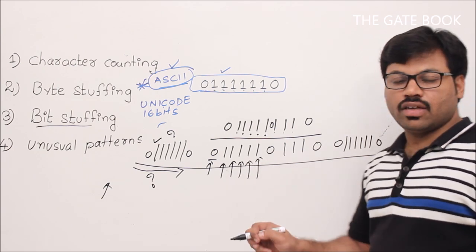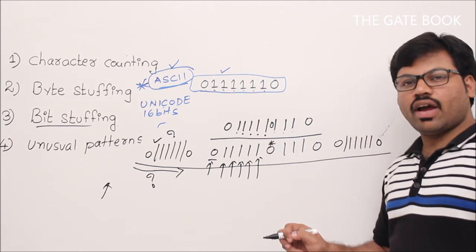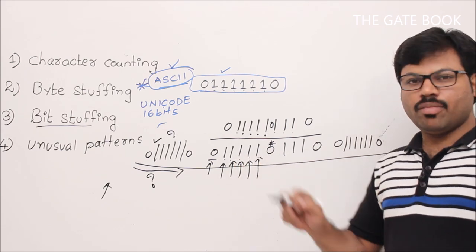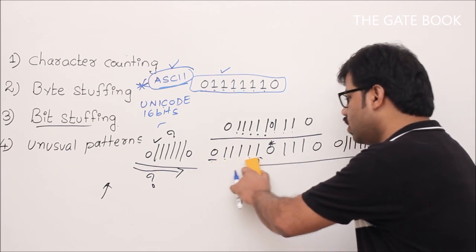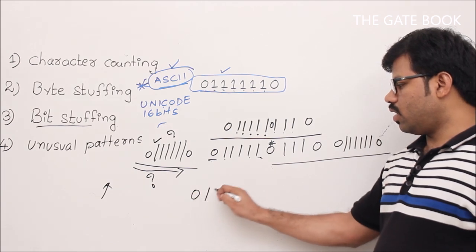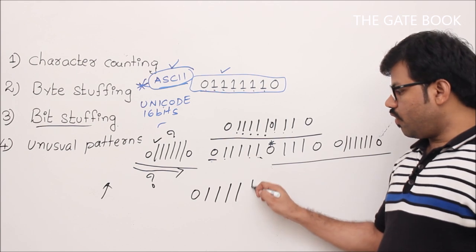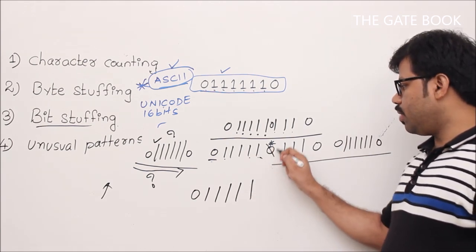But remember one thing: you added some extra stuff, like this 0. When did you add it? Whenever you saw 5 continuous ones, right? Remember, the receiver has to remove it. So the receiver thinks like this: data has started, and it keeps track of the number of ones. Whenever the number of ones is 5 and after that it sees 0, that 0 will be discarded.